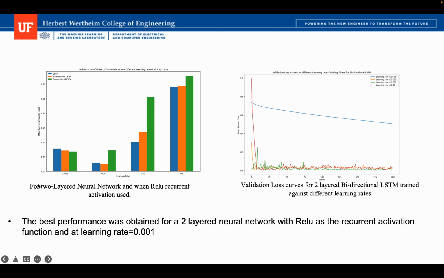The RMSEs are calculated for all the models across all the learning rates, and the least is observed for bidirectional LSTM. So bidirectional LSTM actually performed better, and that's the reason I'm showing you the learning curves of bidirectional LSTM.